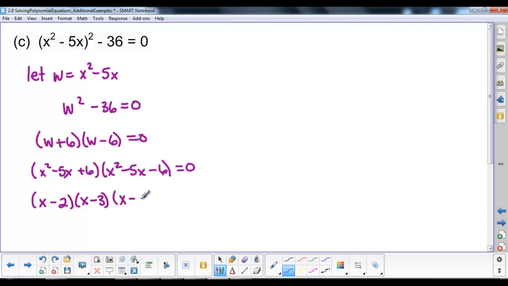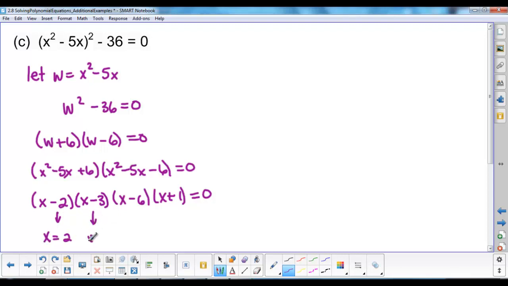Those two numbers would be x minus 6, and then we have an x plus 1. Alright, so from this, because we're fully factored on the left side of the equal sign, we can state our roots. Our roots being x equals 2, 3, 6, and then finally -1.